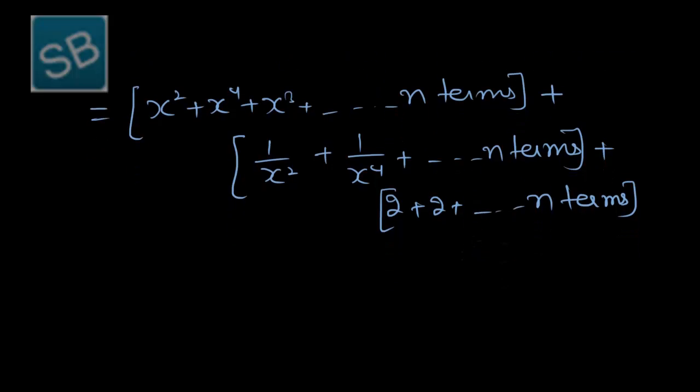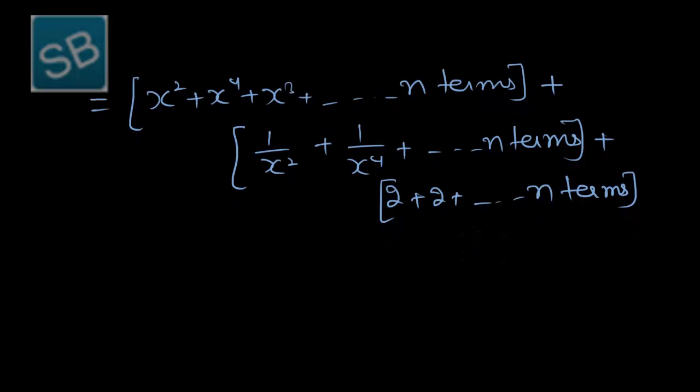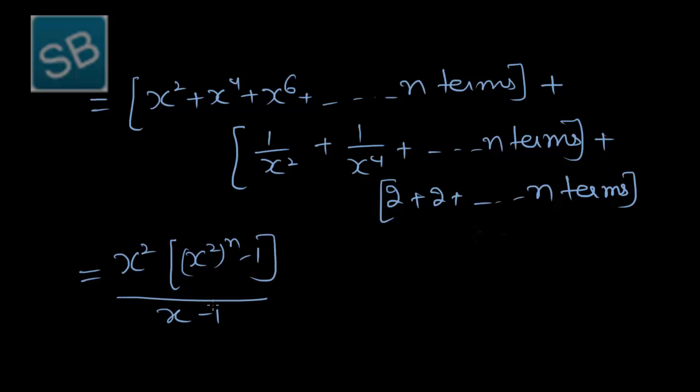Now the first series is a GP series. If we see here, this is x6, that is second by first, x raised to power 4 over x square is x square, x raised to power 6 over x4 is again x square. So this is a GP series. We get first term x square, and x is not equal to 1, so with r as x square we get x square raised to power n minus 1 over r minus 1, where r is x square.